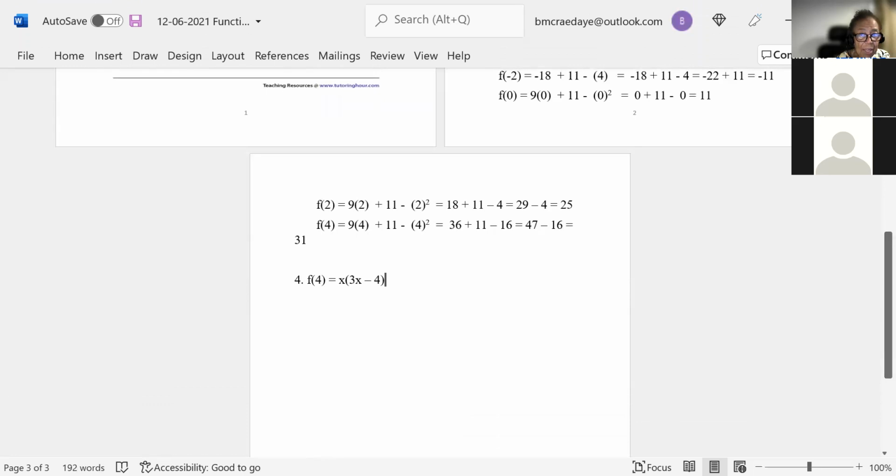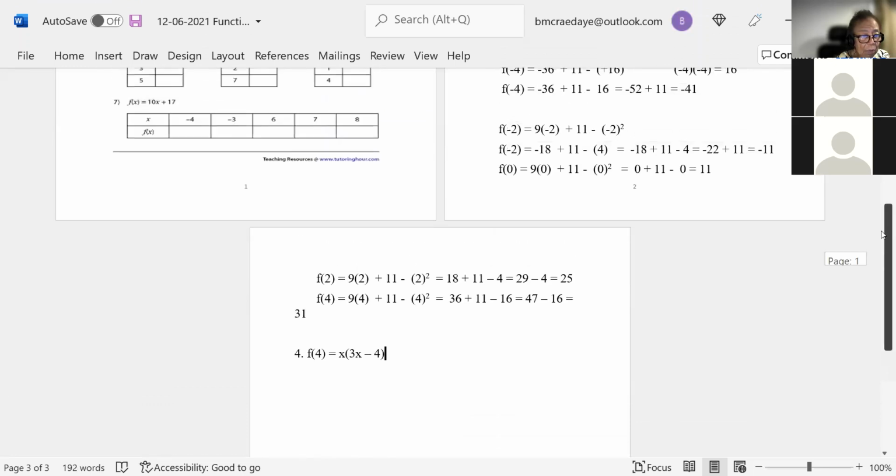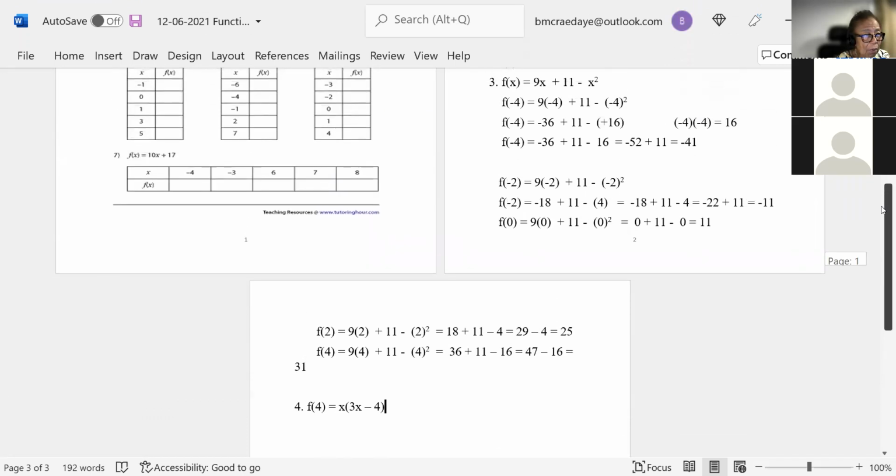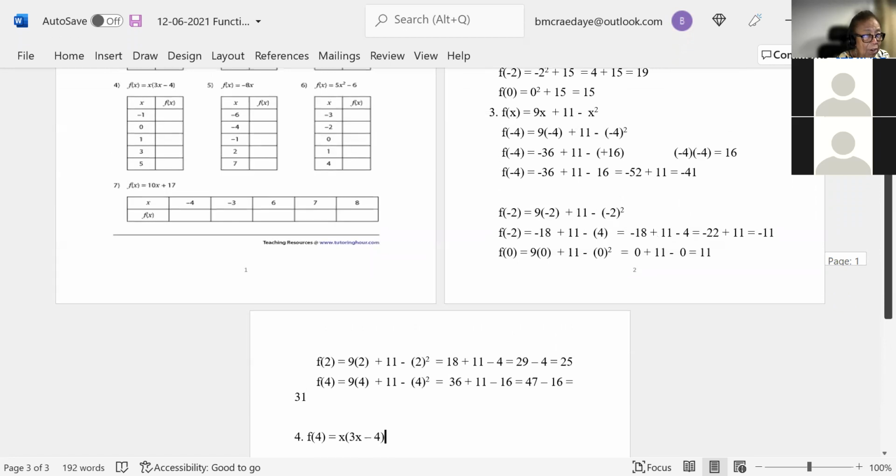Now, okay, number 4, I'm sorry, f of x. Output f of x equals x times 3x minus 4. Okay, and our first entry is a -1.